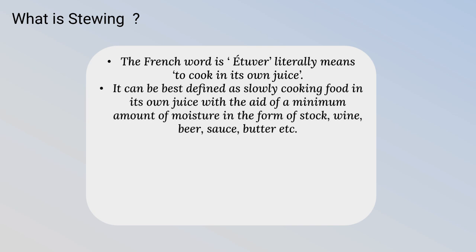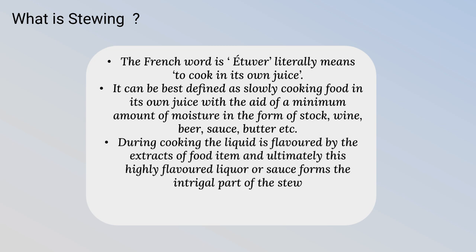It can be best defined as slowly cooking food in its own juice with the aid of a minimum amount of moisture in the form of stock, wine, beer, sauce, butter, etc. You see, so many things we can use, with a minimum amount, and mainly the product will be cooked in its own juice. Clear?